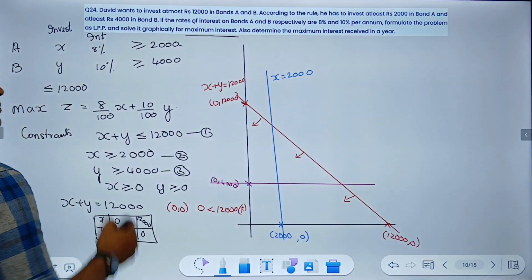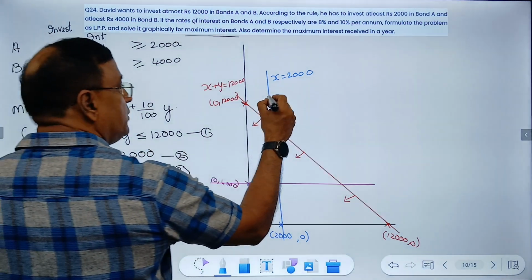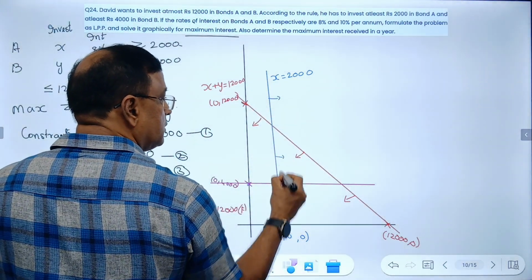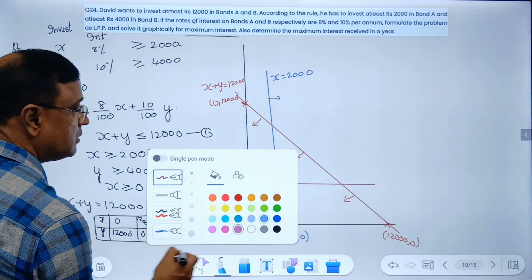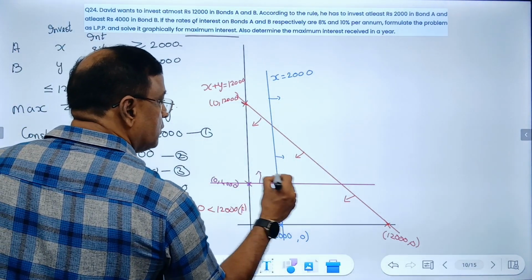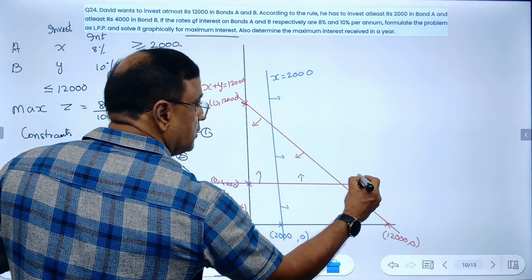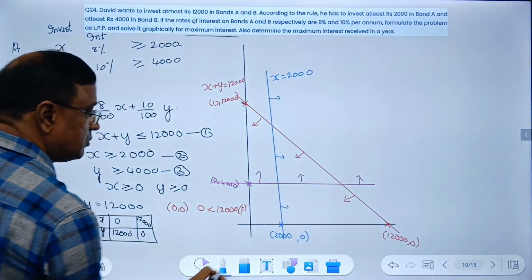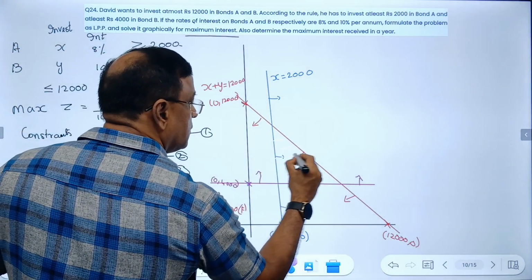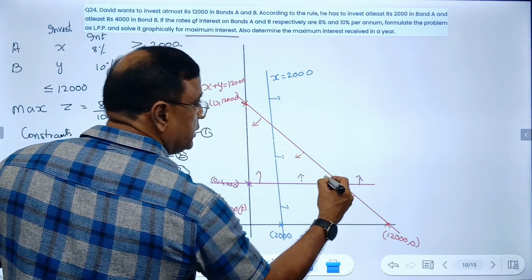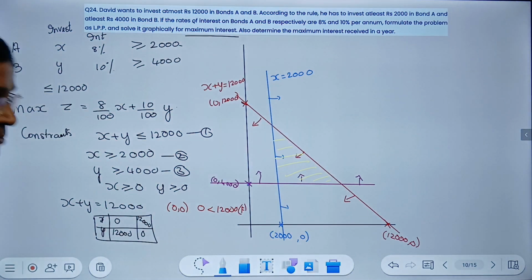It's very easy. X greater than 2,000 means the region to the right of 2,000, and y greater than 4,000 means above 4,000. Correct? So where you see all the arrows, this is my feasible region. It's a bounded feasible region.